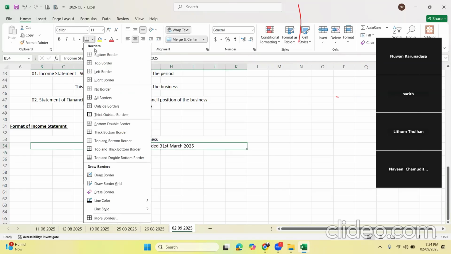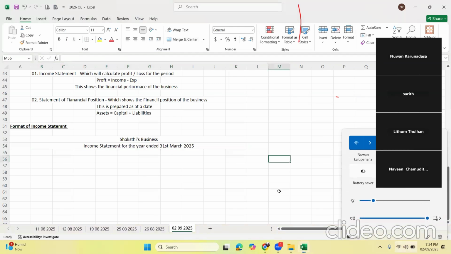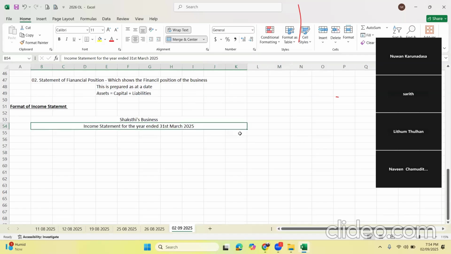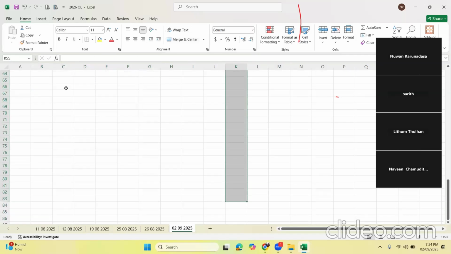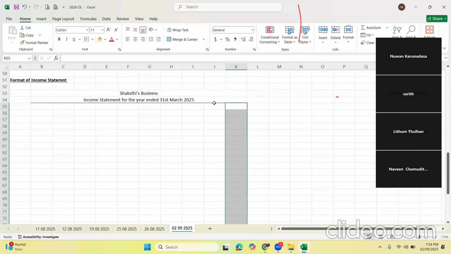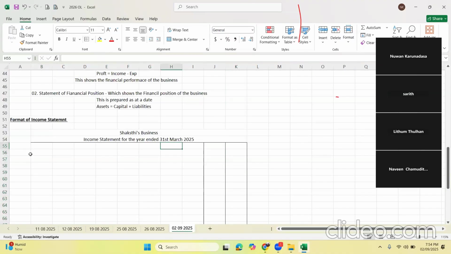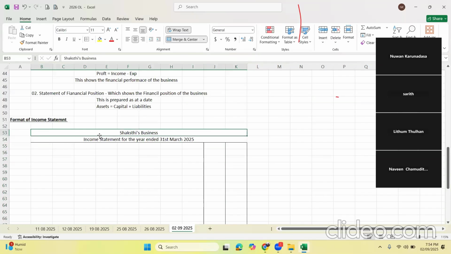Right? Student, am I audible to you all? Naveen? Litum? Yes, sir. Am I audible? Yes. Very good. Just look at it. I'll draw the formats. All these formats you must remember. So before you go to the exam, practice more questions. Right? So the name of the business is written here. Then the statement name is given here.